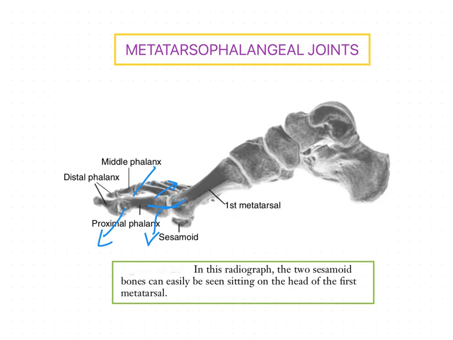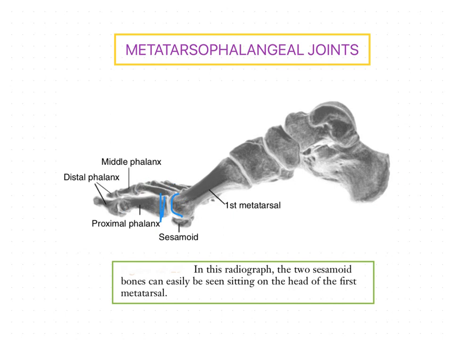Now we will see in detail the structure of the metatarsophalangeal joints. They are formed proximally by the convex heads of the metatarsals and distally by the concave bases of the proximal phalanges.